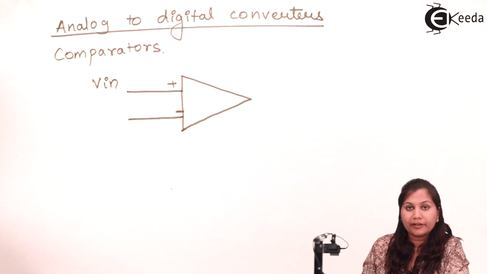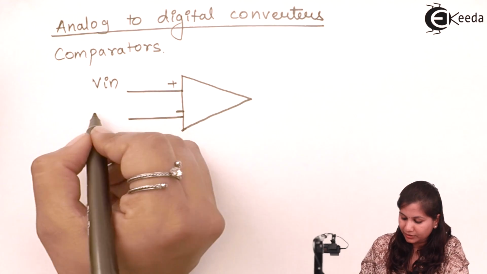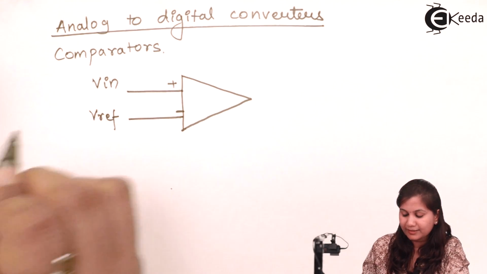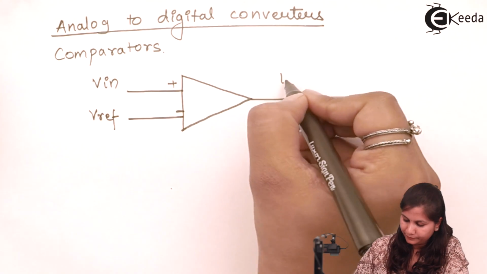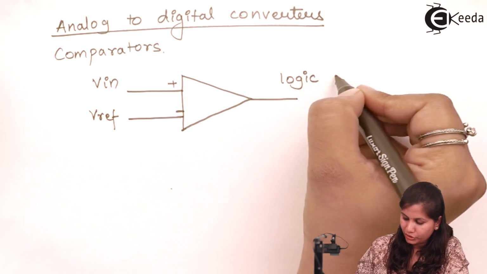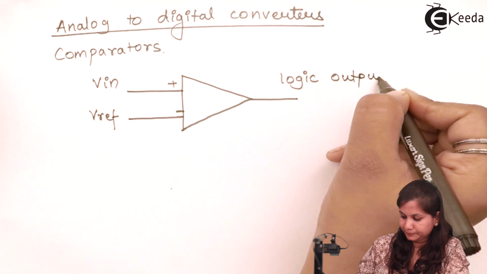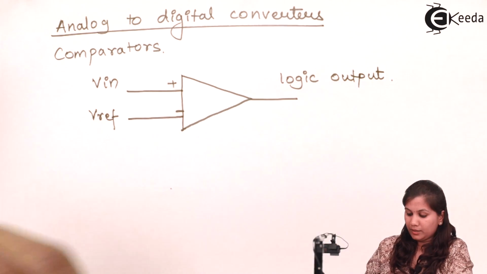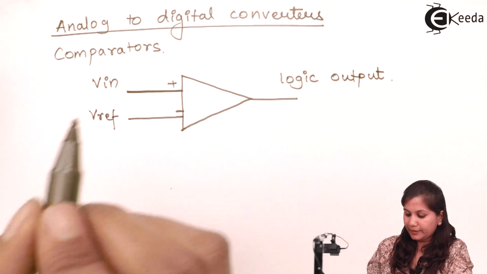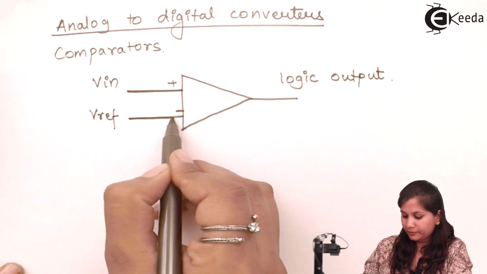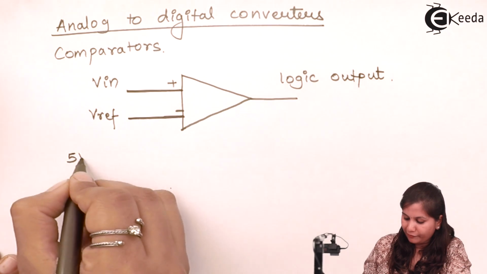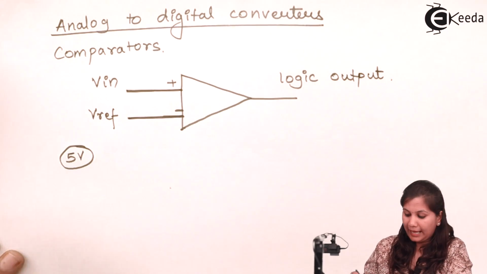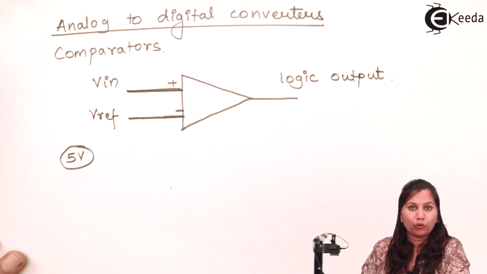This is our input signal and this is our reference signal, and then we get a logic output. Suppose our reference input is applied and kept at 5 volts, and here we apply the input voltage.